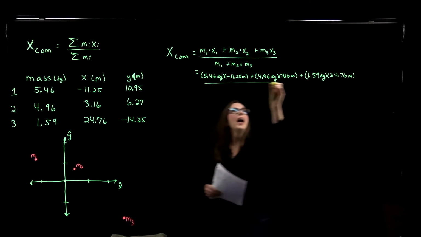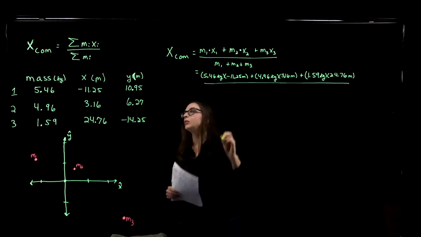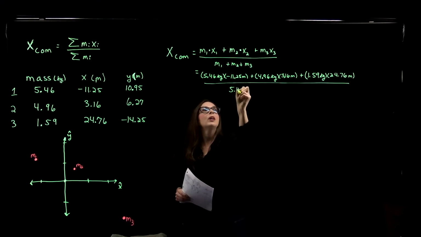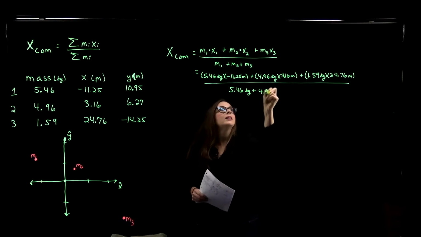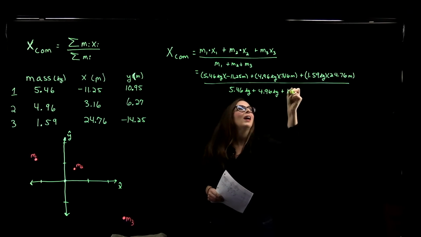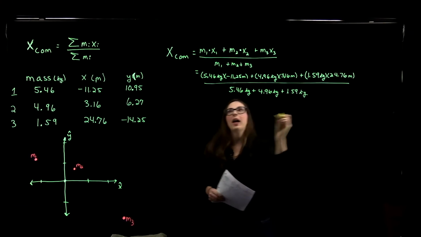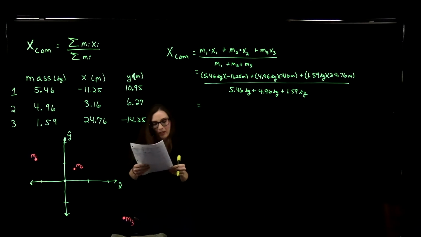And I'm going to divide that by the sum of all of my masses, which is 5.46 kilograms plus 4.96 kilograms plus 1.59 kilograms, okay?